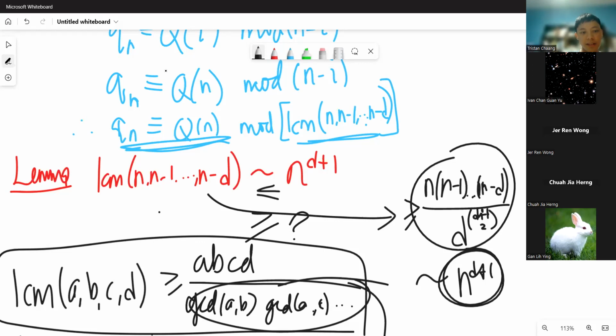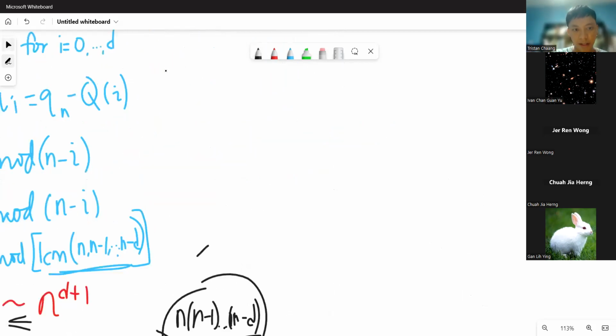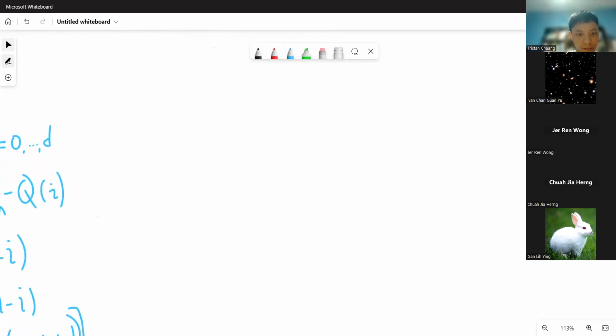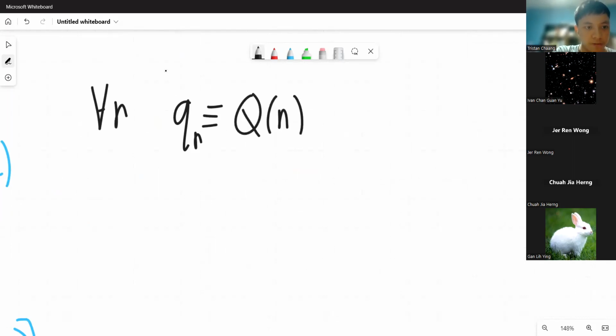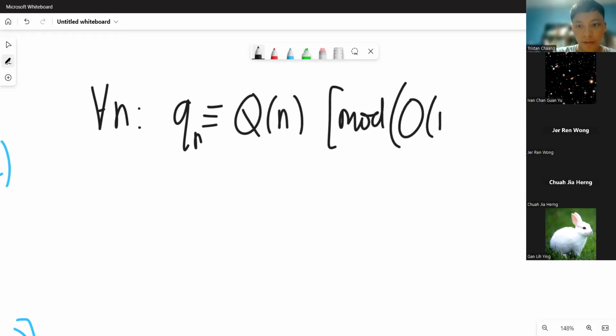If qn is congruent to large Qn mod a very large number, that means, for all n, this is true mod some kind of number which is of order n to the d plus 1.